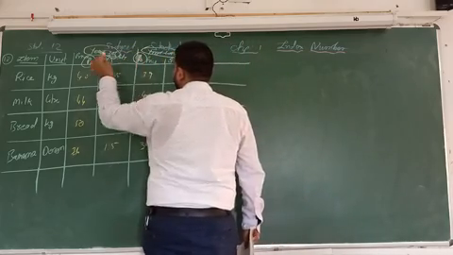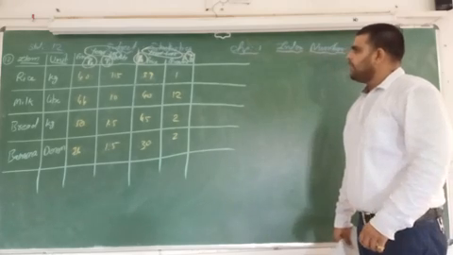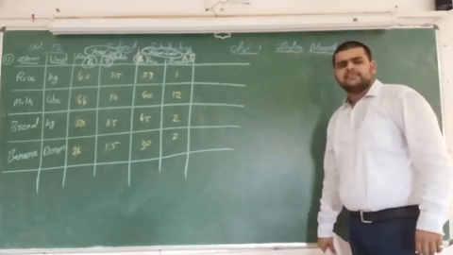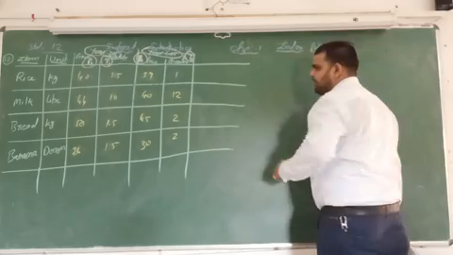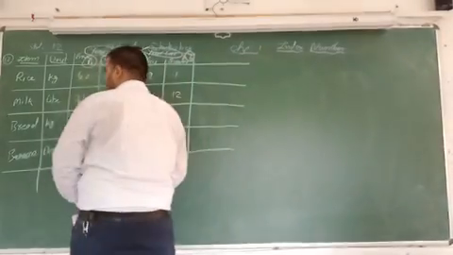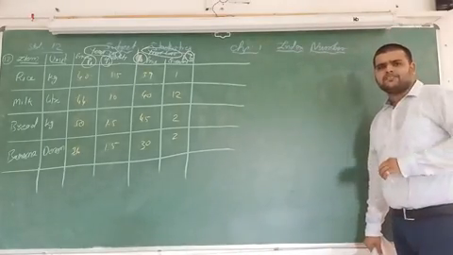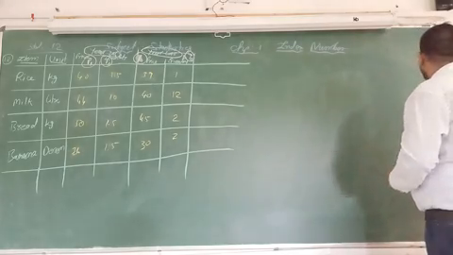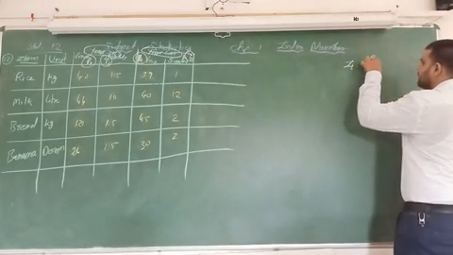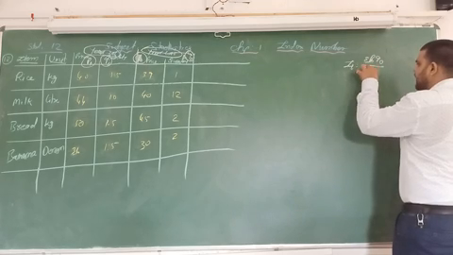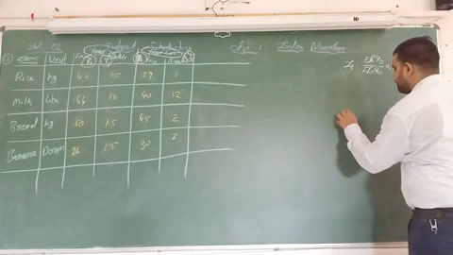So now on the basis of these four things, we are going to find out Laspeyres, Paasche and Fisher's index number. As we discussed earlier, if you want to find out any index number, first of all we have to write down the formula. If you know the formula, then it's so easy to calculate. So first of all I will write here Laspeyres IL equals sigma P1 Q0 over sigma P0 Q0 multiplied by 100.